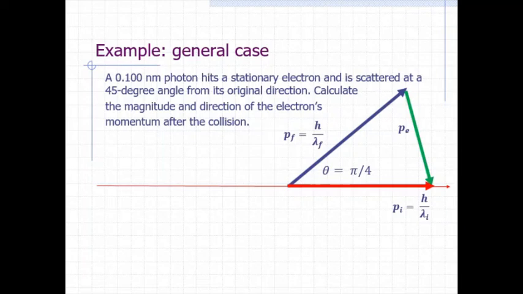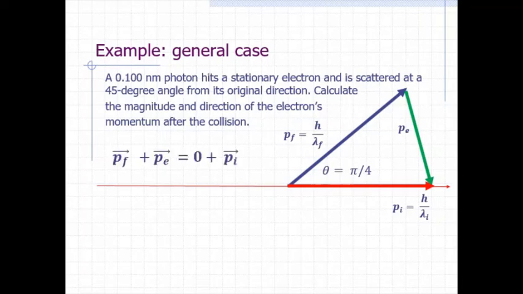Then draw the arrow for vector p sub e so that the head coincides with the head of vector p sub i. This is because conservation of momentum implies that the sum of the momentum vectors after collision must be equal to the sum of momentum vectors before collision.